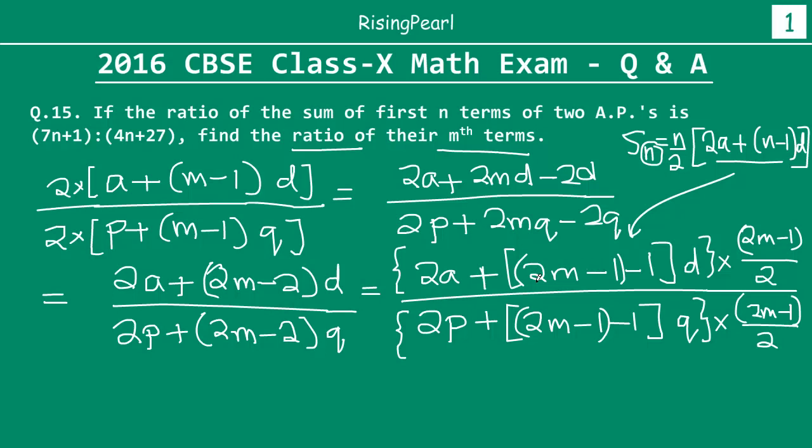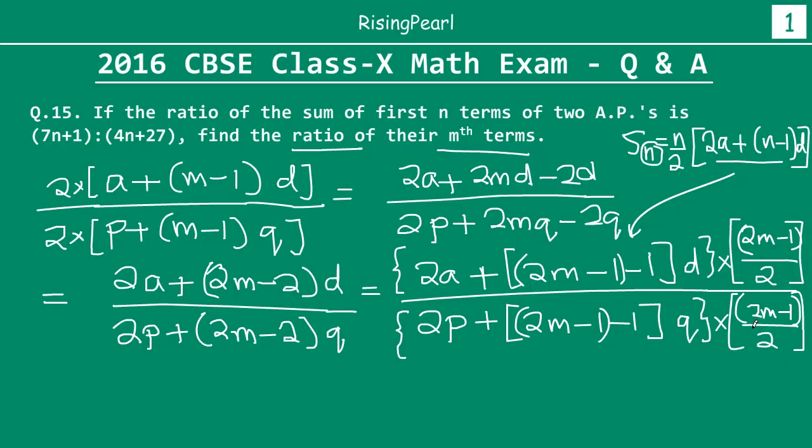Again, keep in mind that m is a number, right? So this entire thing will be a number, and so is this. So we can actually multiply both numerator and denominator by this because they will cancel out.